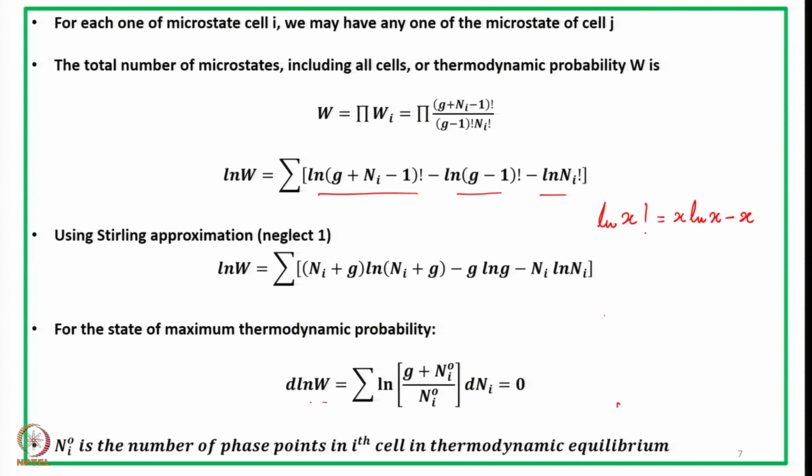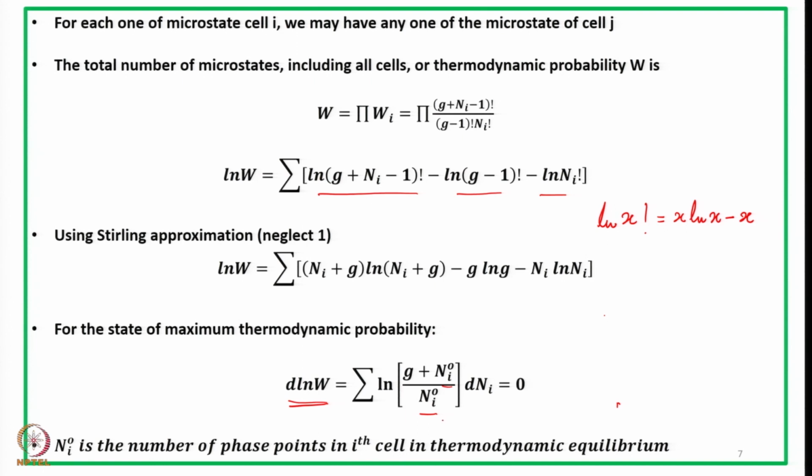So d log W is equal to summation of log ((G plus Ni naught) by Ni naught) into dNi. When you take the derivative of this, you will get this kind of expression. What is this Ni naught now here? This is the number of phase points in the ith cell in thermodynamic equilibrium. Let the equilibrium be there.